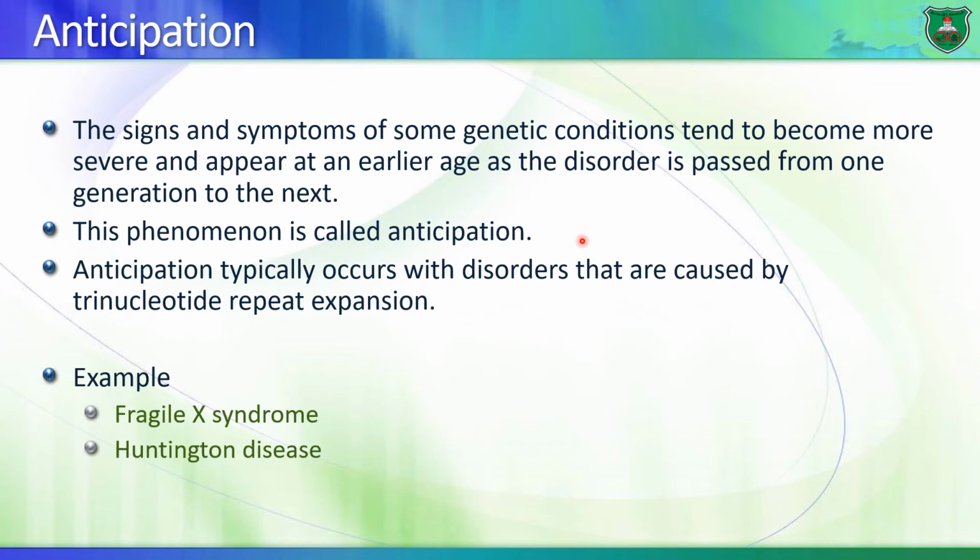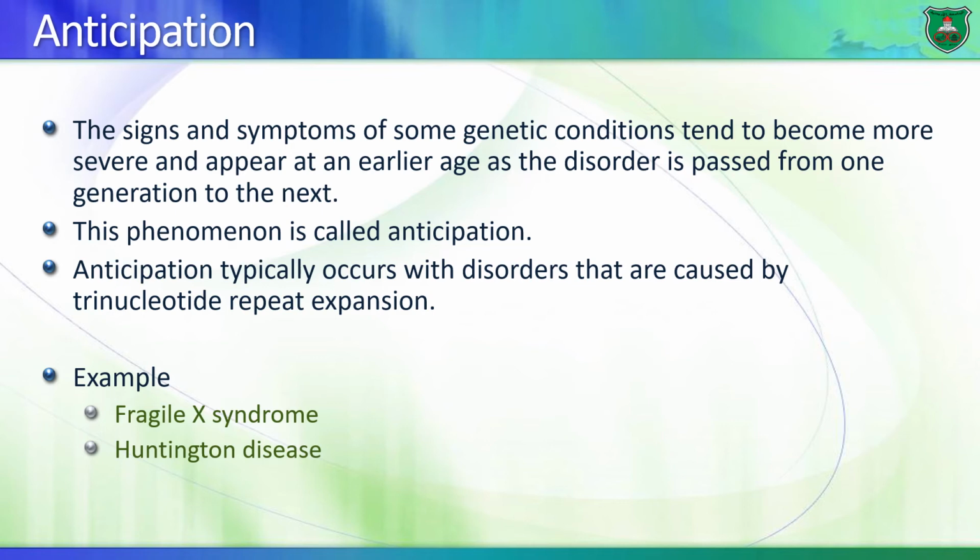So there is sort of a susceptibility of a person being affected with a certain condition with successive generations. Usually this anticipation occurs when disorders are caused by trinucleotide repeat expansion. Examples include Fragile X syndrome and Huntington disease.